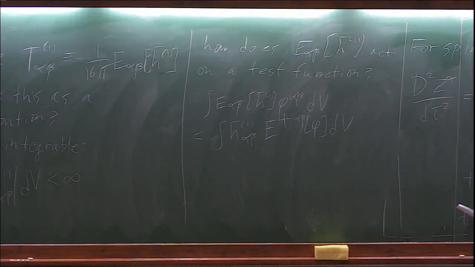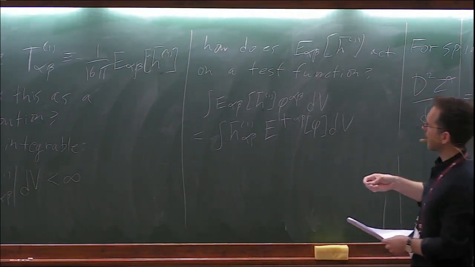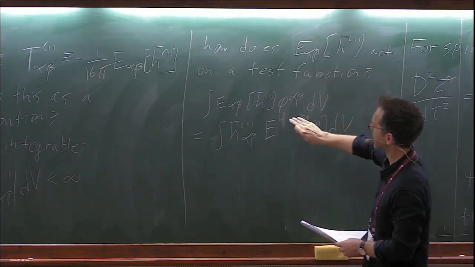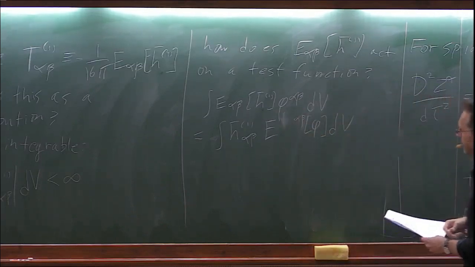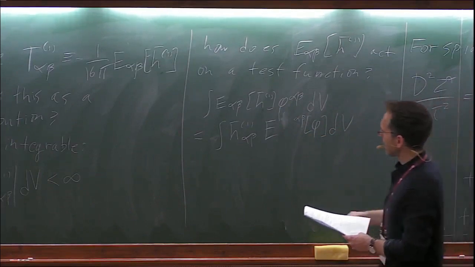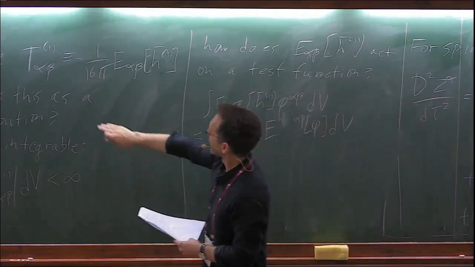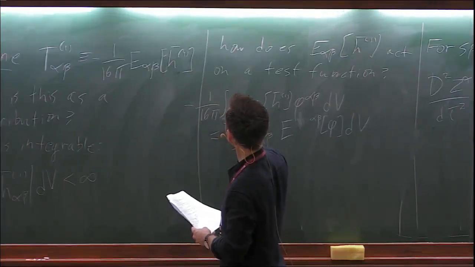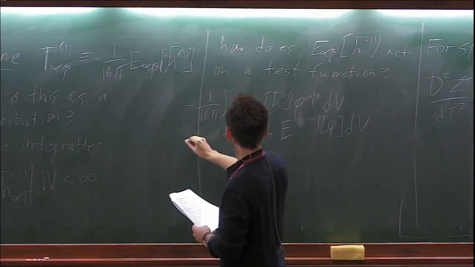Now, if you haven't worked much with distributions, you may not know that E is self-adjoint, so you just get E again there. And now, if we want to find the full T, we can put 1 over 16 pi outside with a minus sign.